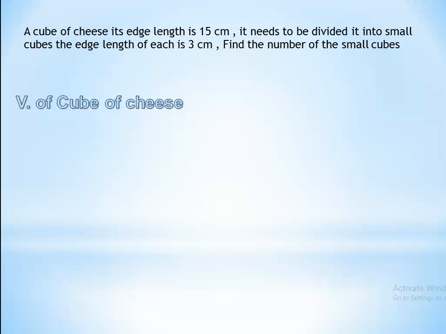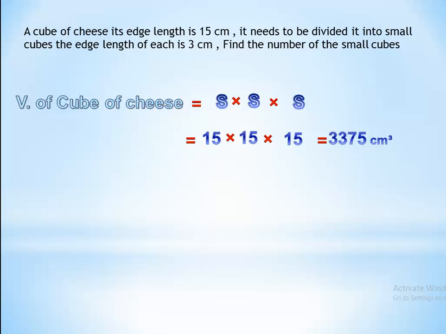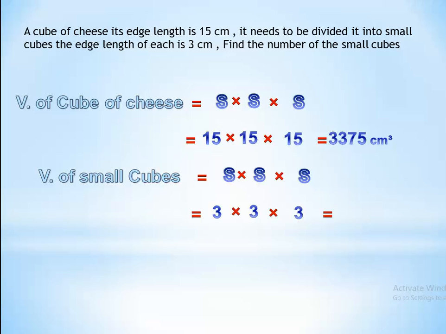So we are going to calculate first the volume of the cube of cheese. It will be side by side by side, 15 by 15 by 15, 3375. And we want to calculate the volume of a small cube. It will be side by side by side, 3 by 3 by 3, which is 27 cubic centimeters.